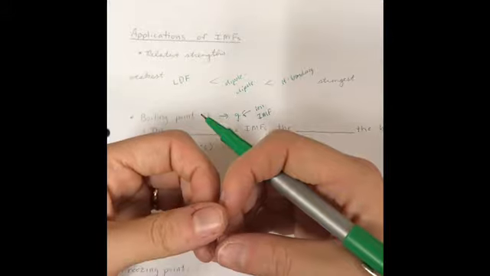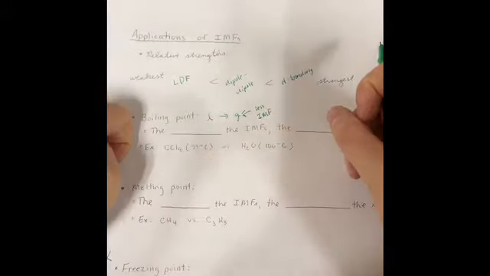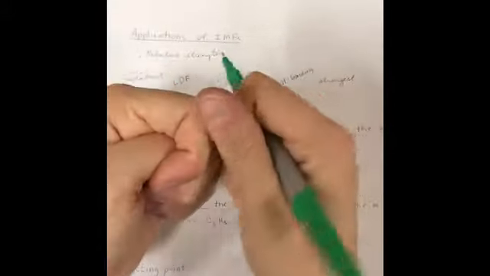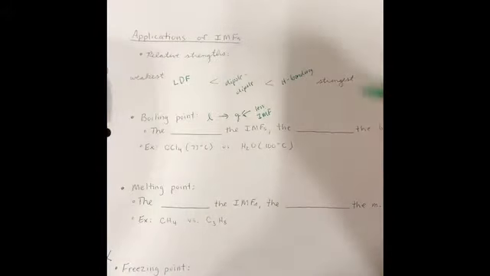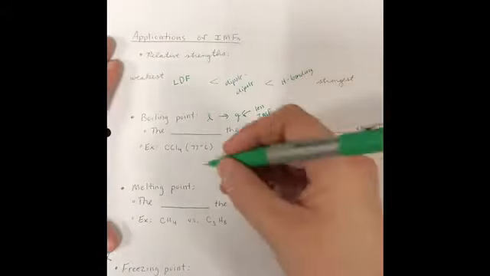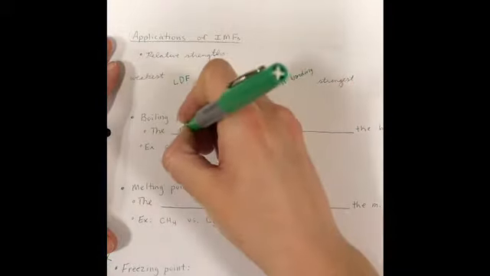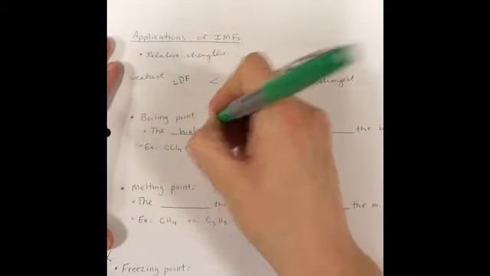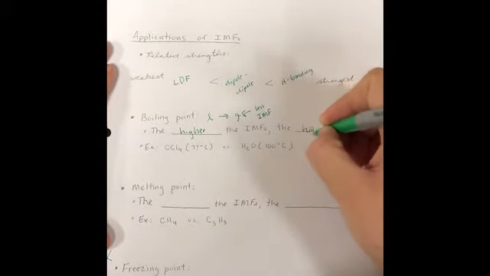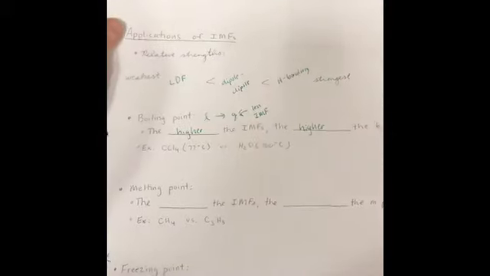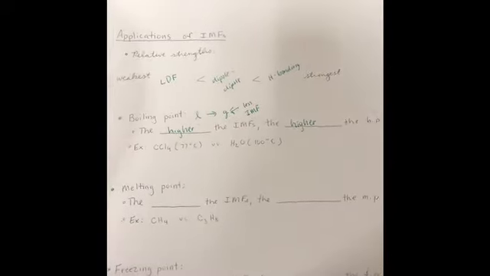However, if they have high intermolecular forces, where the molecules are really attracted to each other, it's going to be very hard to break them apart and get them into the gas phase. So the higher the amount of intermolecular forces, the higher the boiling point.